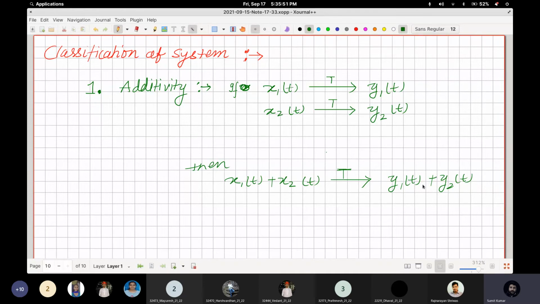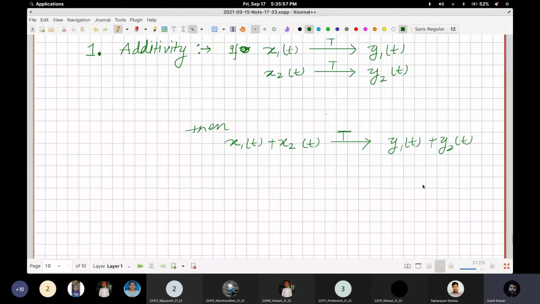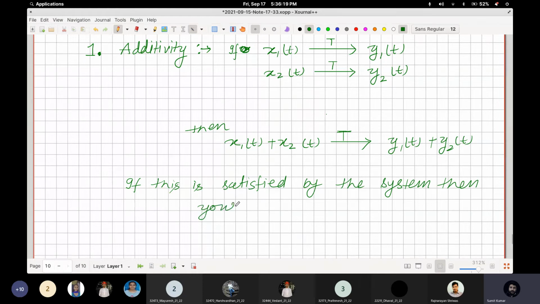Then your system is going to be called additive. If this is satisfied by the system relationship, then your system is additive.